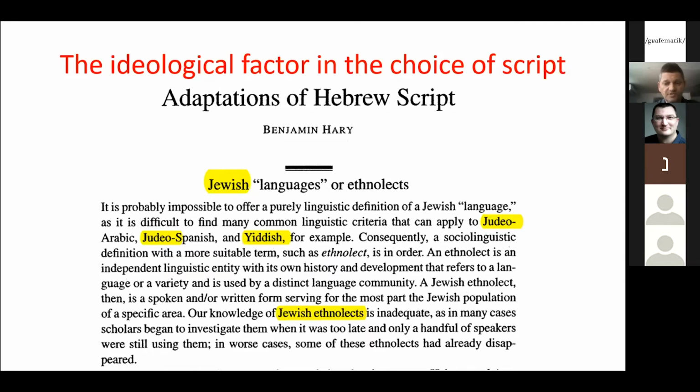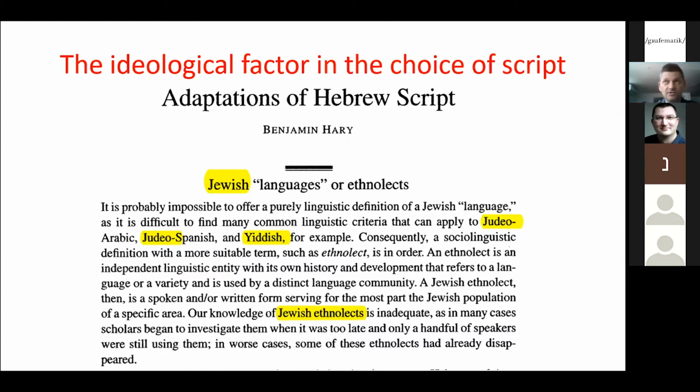The Hebrew script was always used both for non-colloquial Hebrew and for the Jewish languages, such as Yiddish, Ladino, Judeo-Arabic, and so forth. The Jewish ethnic groups were using the Hebrew script. So script and identity go together.